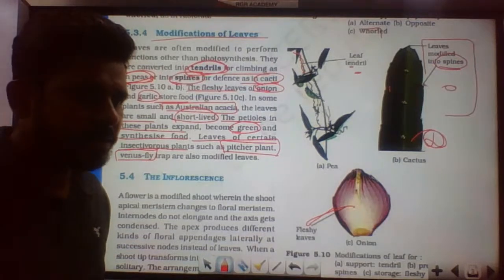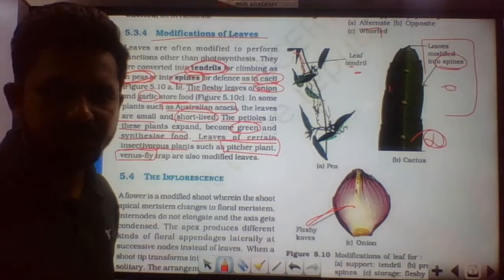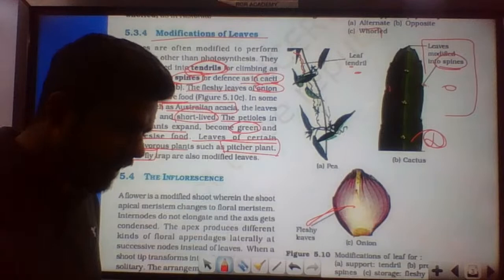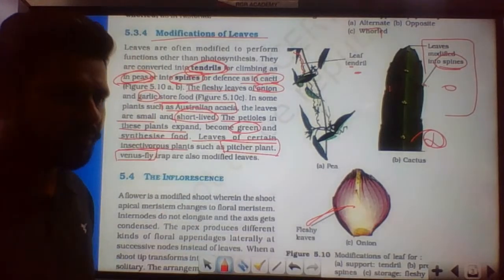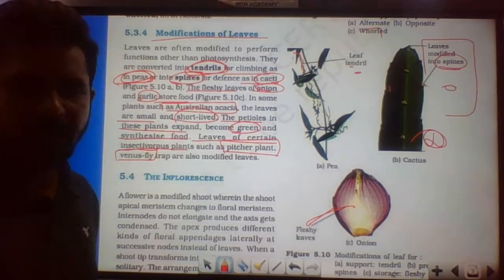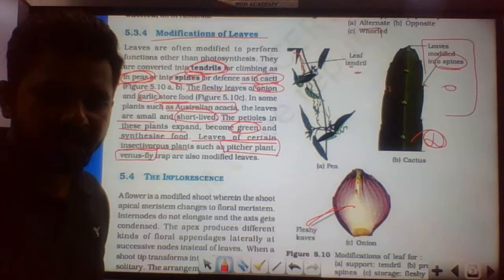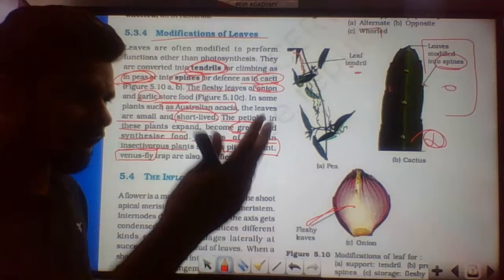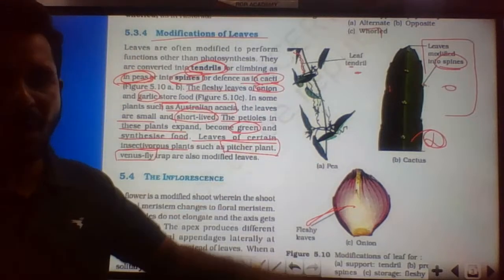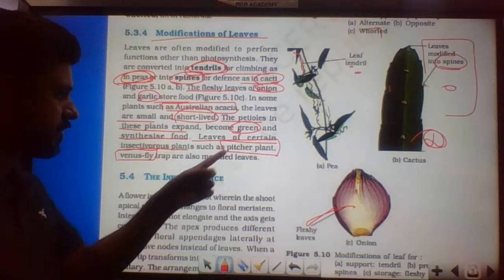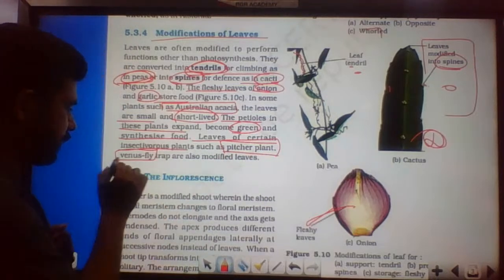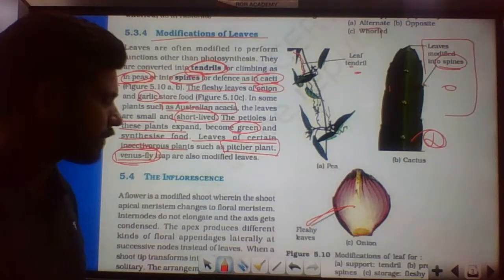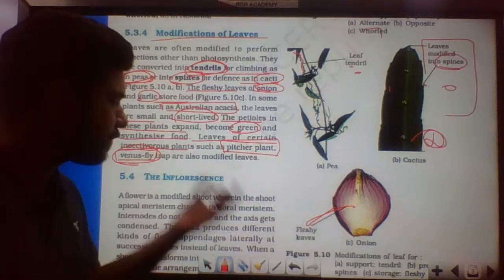Those plants lack a nitrogen source, so they don't get nitrogen through direct photosynthesis and other modes of nutrition. They can get the nitrogen source from insects also. To trap insects, the leaves are modified. The two examples mentioned here are pitcher plant and Venus flytrap.